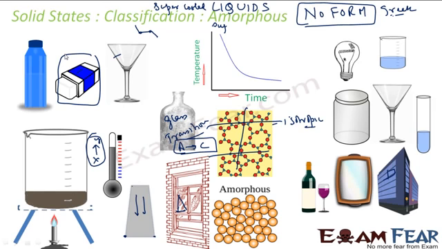Also, as I discussed, nature favors crystalline. But when the atoms are not given enough opportunity to rearrange themselves, for example if the temperature of the liquid drops suddenly and it solidifies, the motion of the atoms is very restricted because they don't get enough time to rearrange.